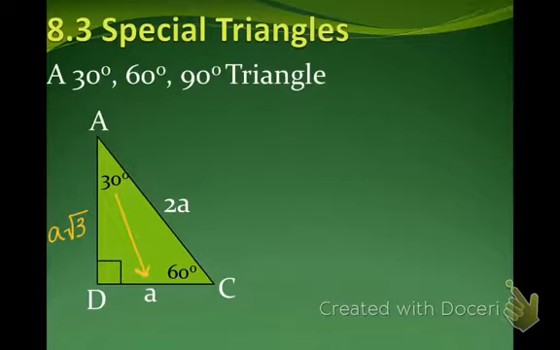The side across from the 60-degree angle is going to be A, or S, or X times the square root of 3. And the side that's across from our right angle, the hypotenuse, is always going to be equal to 2a or s or x or whatever you're using. If you can remember these rules, they will help you immensely when we get into working with these triangles.